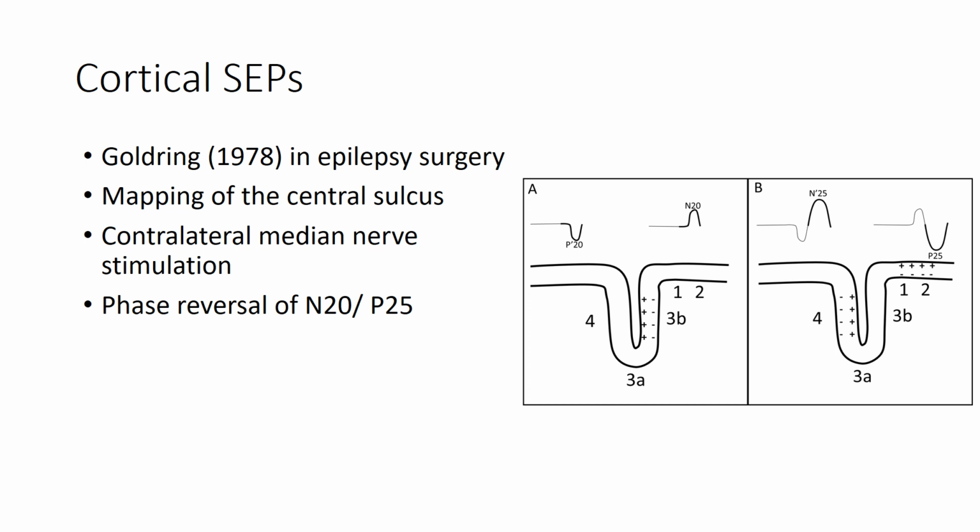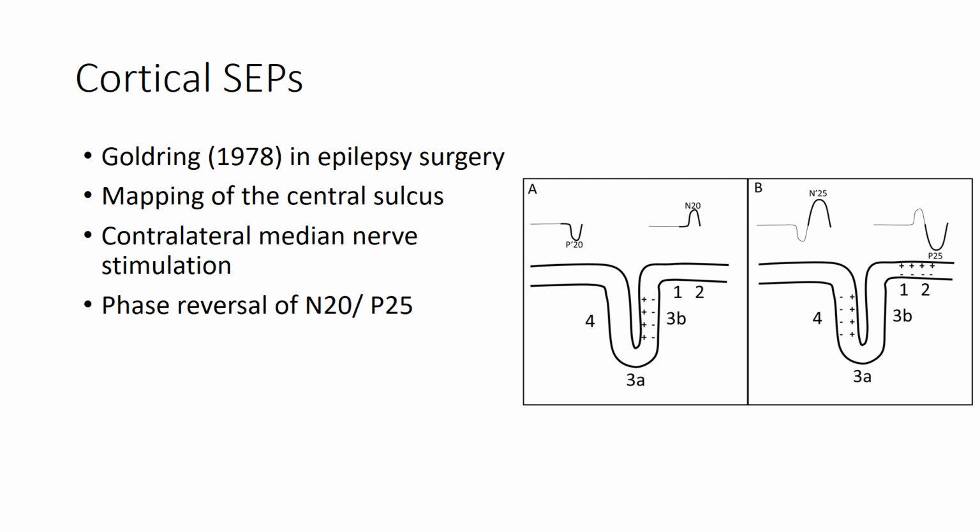It uses contralateral median nerve stimulation usually, although tibial nerve stimulation and trigeminal stimulation are possible. It is based on the reversal of the initial components of cortical SEPs, N20 and P25, on both sides of the central sulcus.